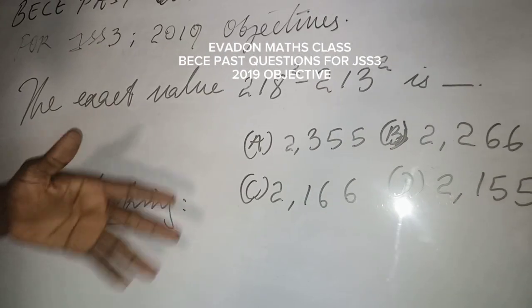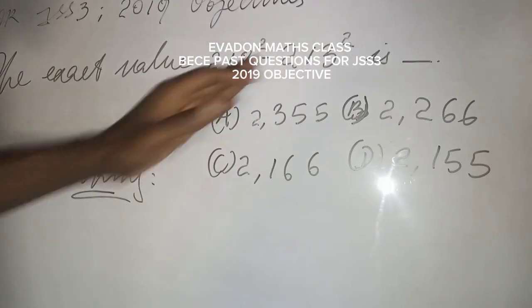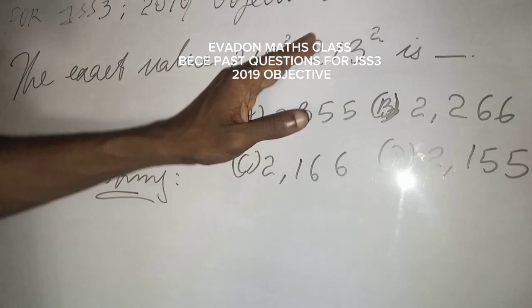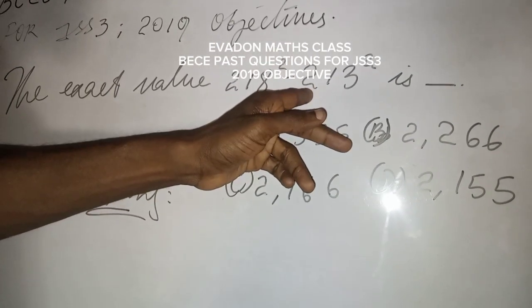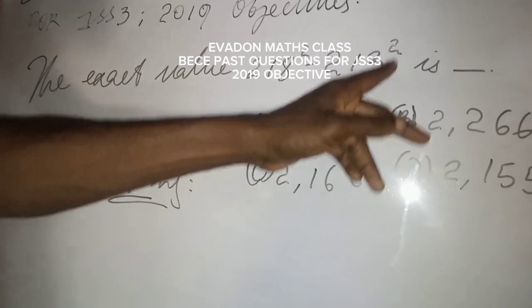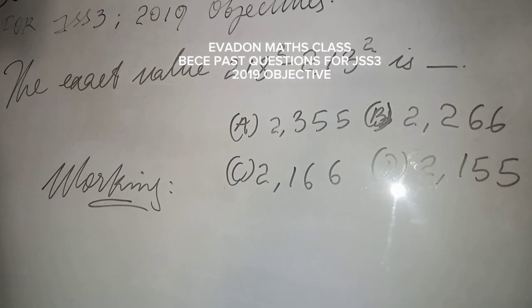The second method is you can square this with your calculator or long multiplication, subtract, and square 213 squared, then find the difference to get your answer.